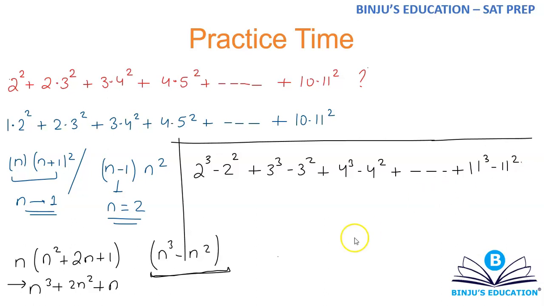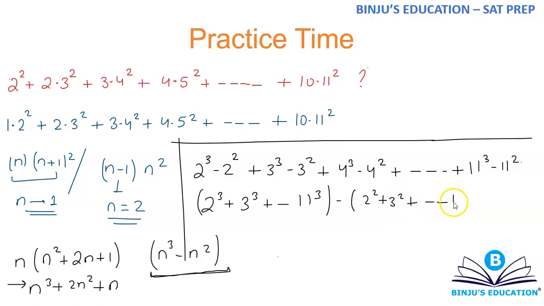So you can write this as the summation from 2 cube to 11 cube, and subtract the sum from 2 square up to 11 square. And in this case, you can simply use the formulas for the sums of the first n cubes and squares.